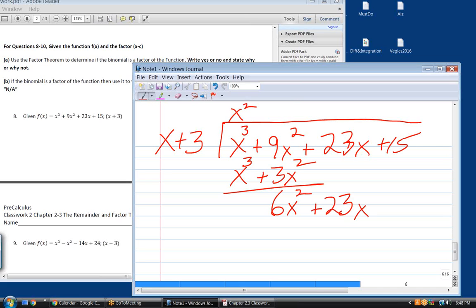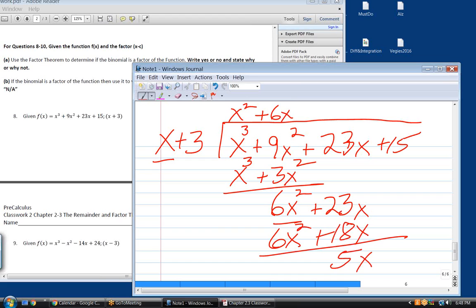Every time, do exactly what you did the first step. In other words, divide that into that. So 6x. Correct. Now multiply the 6x by both terms. 6x squared plus 18x. Now subtract. So then that would be 5x.